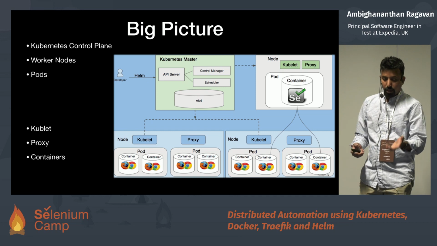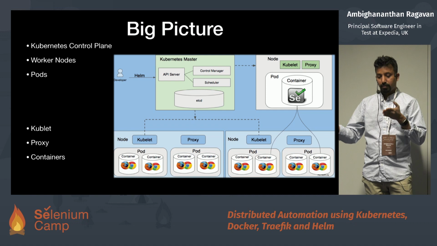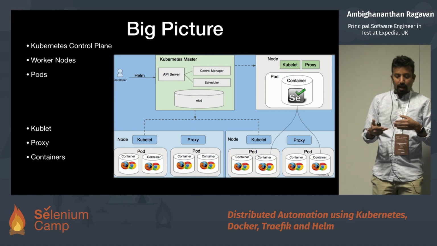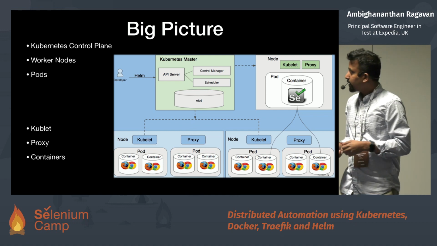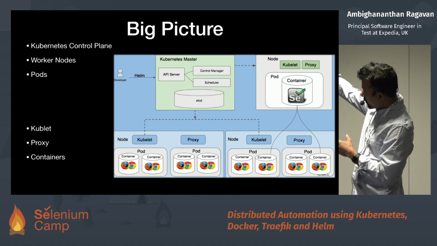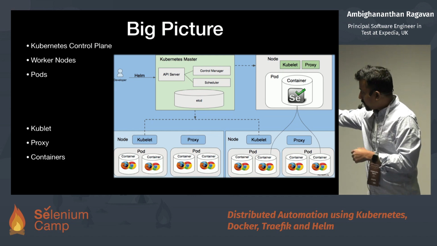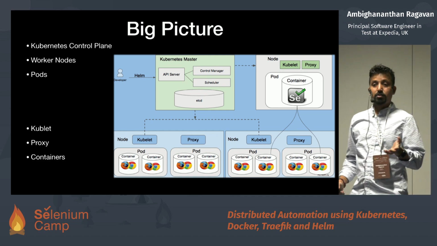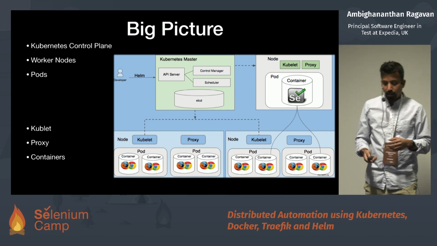For example, kubelet makes sure all your pods are running fine. As you can see on the slide, the node has the 2 agents running, and you have a pod, and inside a pod you have a container, and that container could be a Firefox browser or a Chrome browser, or any other application.